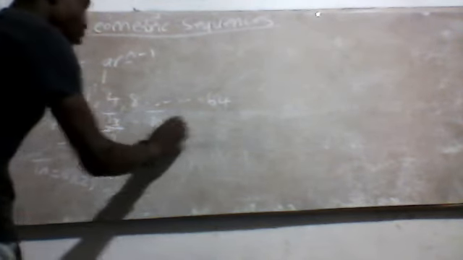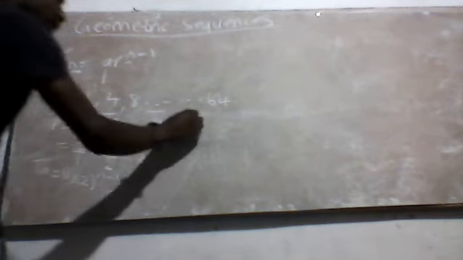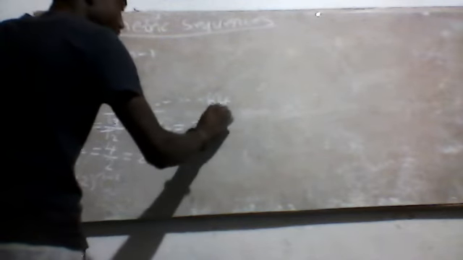Now if they ask me to find the value of the 86th term, they ask me to find what T86 is. So what you do is go there, in the place of n you write 86 as I've done there, and do the same for that one: 86 minus 1, then punch your calculator.